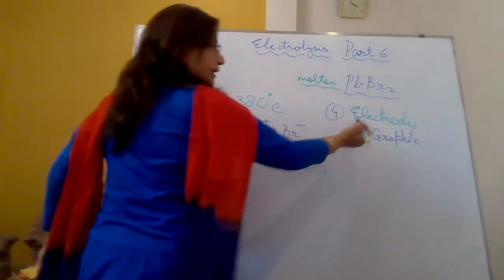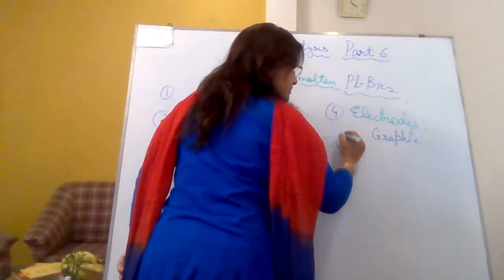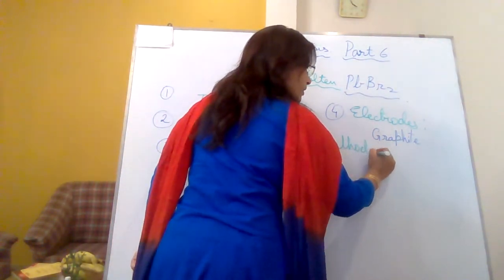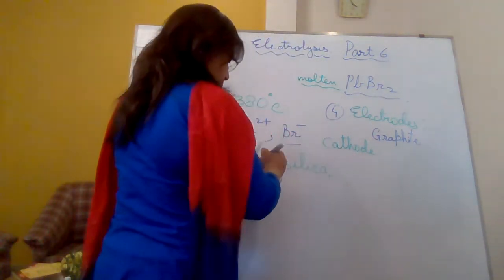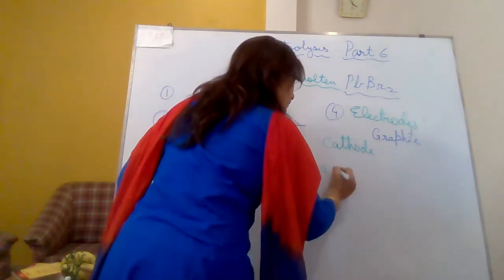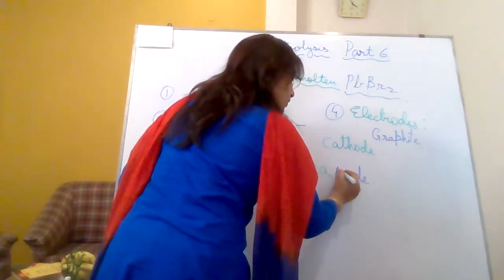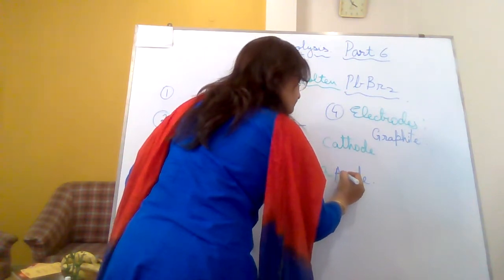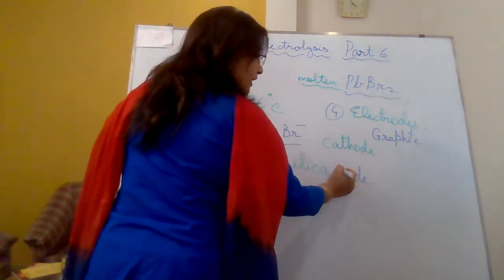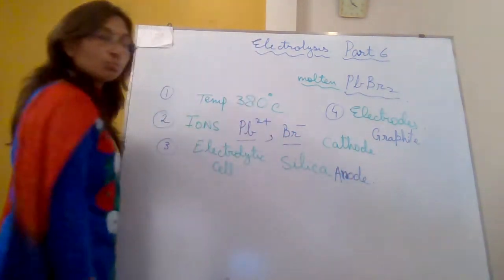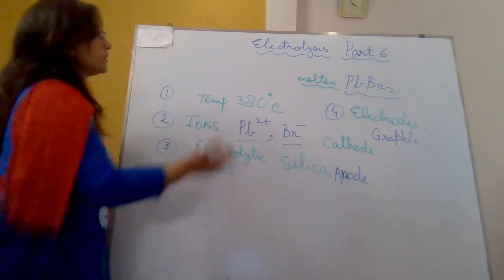Your electrodes: obviously, one electrode is which one? That is the cathode, and which is the other one? That is the anode. Now, we know that the anions move towards the anode and cations move towards the cathode.